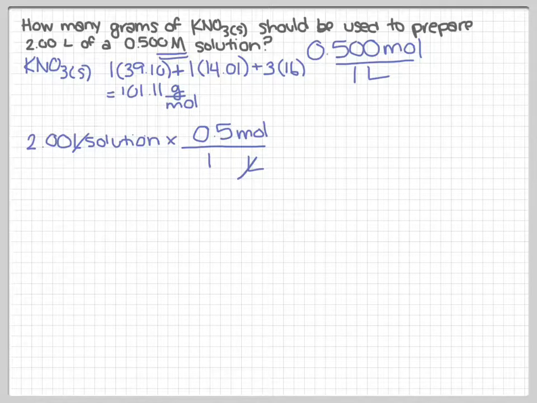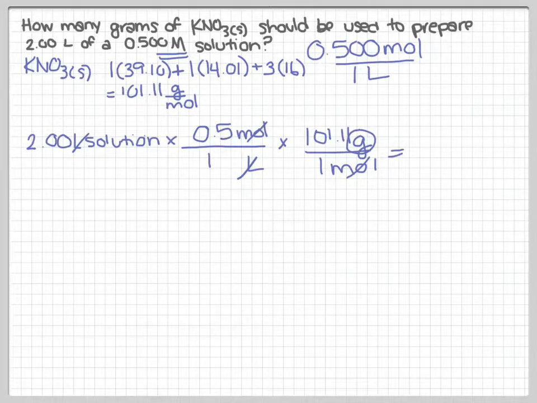But they asked me for mass. I don't want my answer to be in moles. I can now multiply by my conversion factor of molar mass, 101.11 grams per 1 mole. Moles will cancel, and I'll be left with the unit grams, which is perfect.